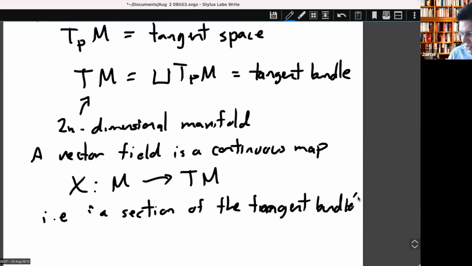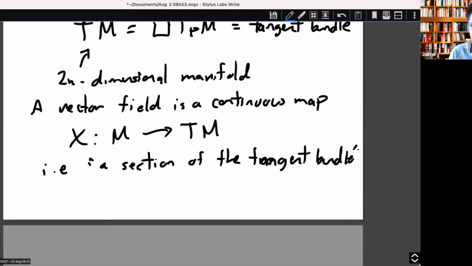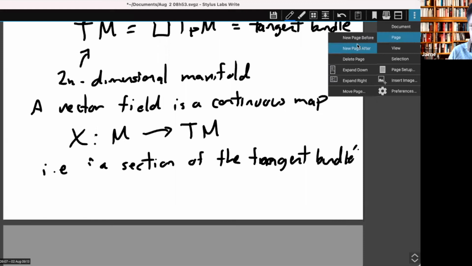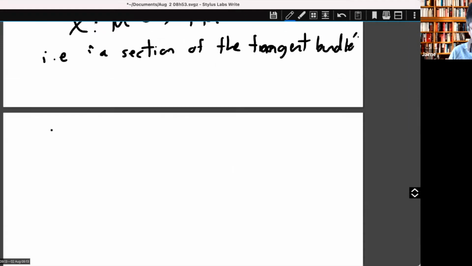All right, and then why do we use the word bundle? Because it's a vector bundle in the following sense.